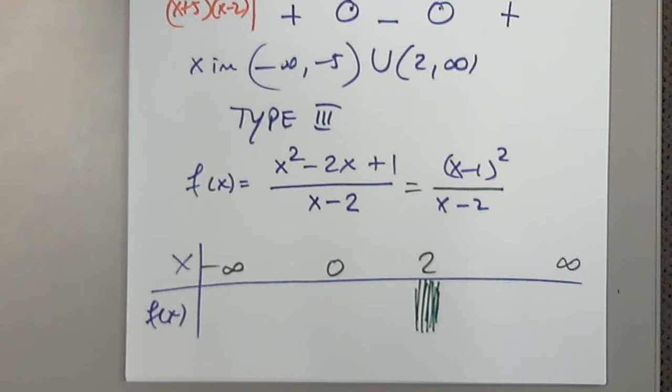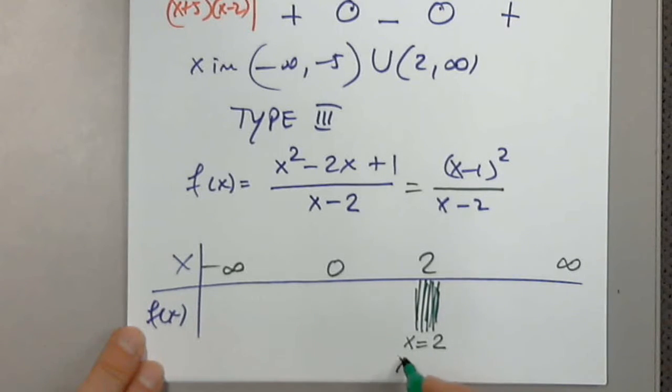Perfect. So now what will you say about x equals 2? What will x equals 2 represent for this function? Say it louder. Very good. It's a vertical asymptote.